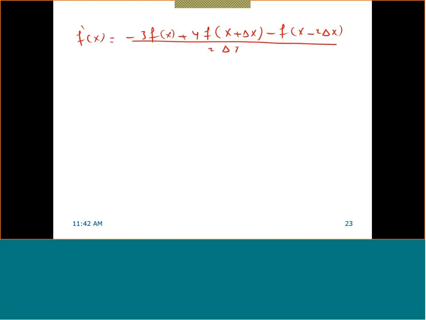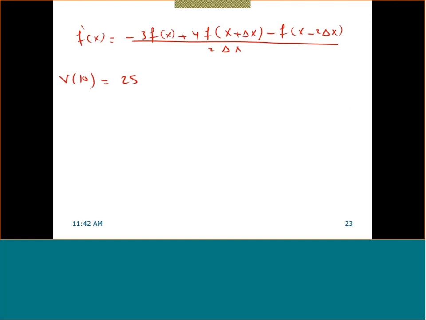So now our f prime of x is equal to minus 3 f of x plus 4 f of x plus delta x minus f of x plus 2 delta x, as you know delta x and h are the same, divided by 2 delta x. So I will use this to find the voltage at 10. This is the example: 25 L di by dt.